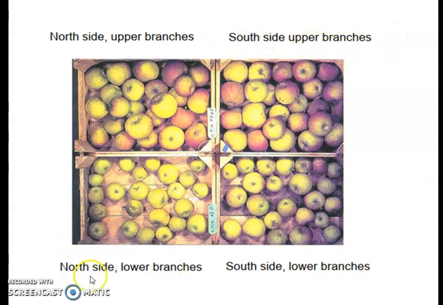And these apples have been collected from the north side lower branches, and these from the south side lower branches. Now, all apples have been collected from the same tree, but you can see the variations in them. Why are there these variations?